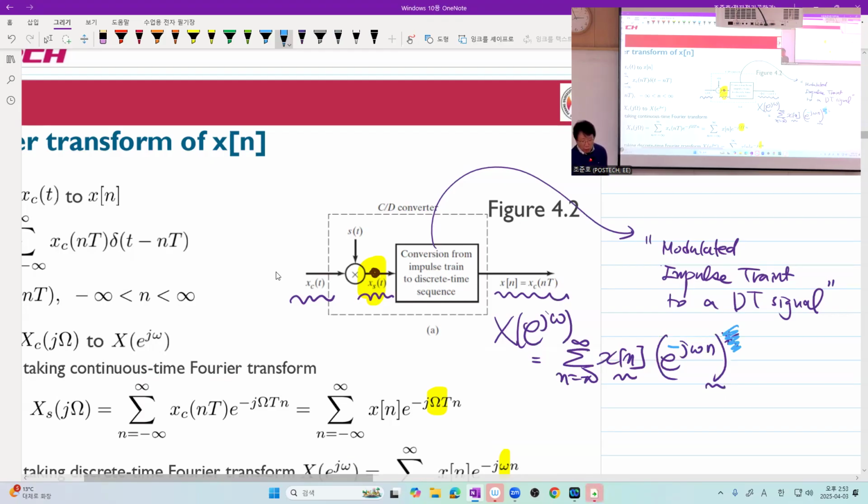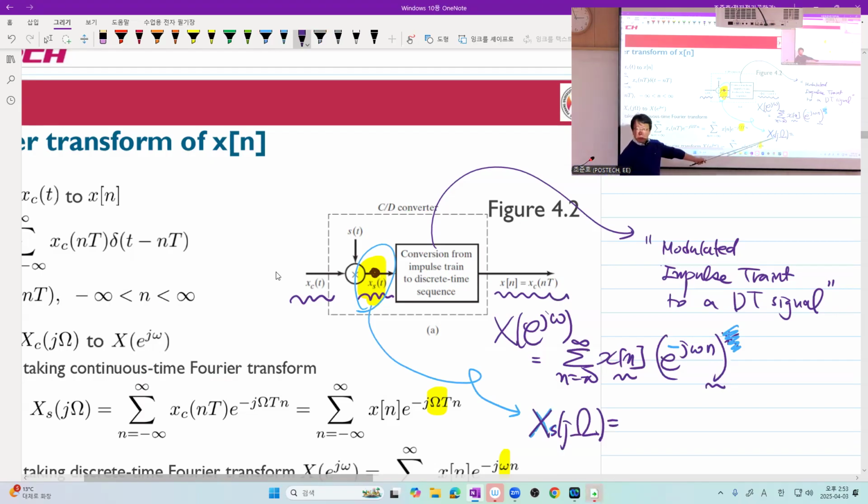Now, what was this one? The CT Fourier transform. And what is this one, by the way?